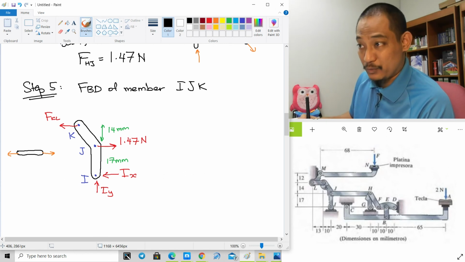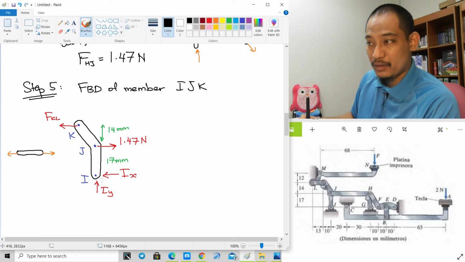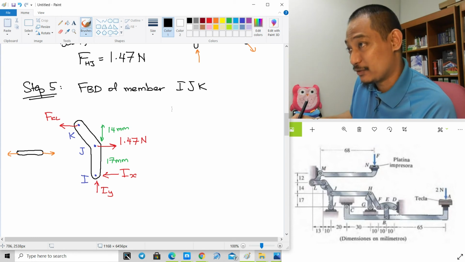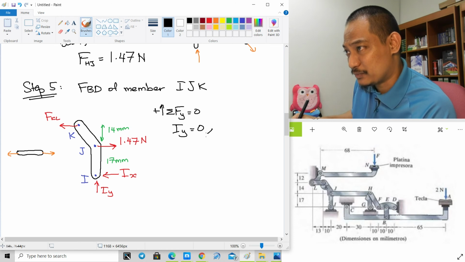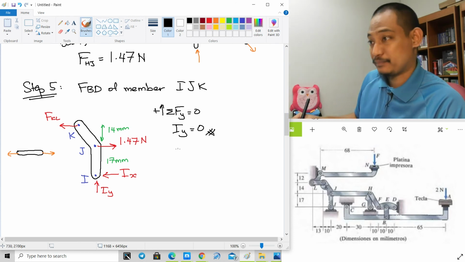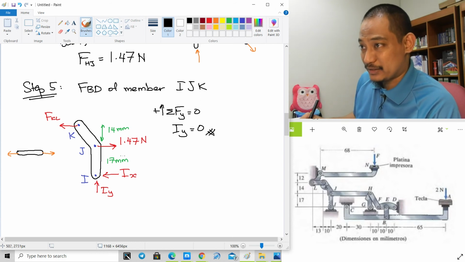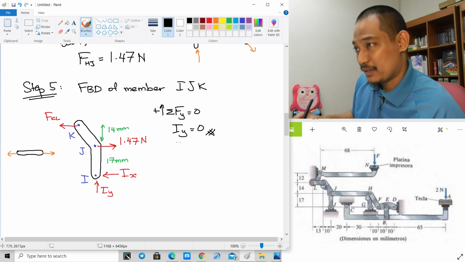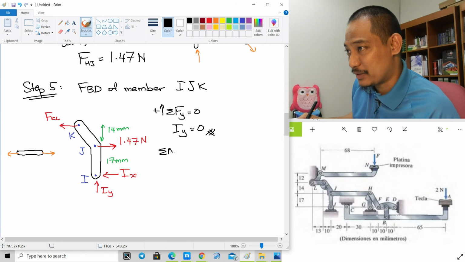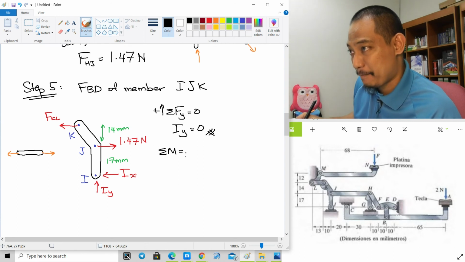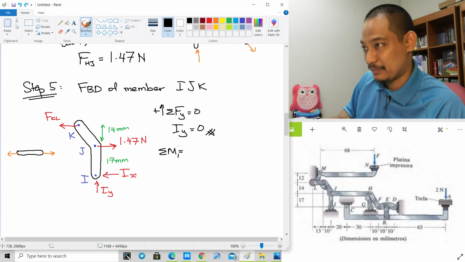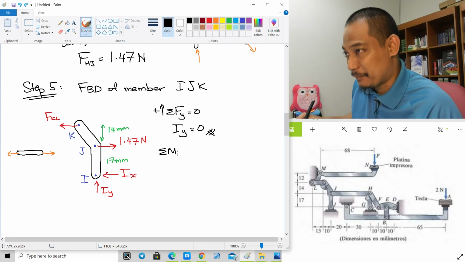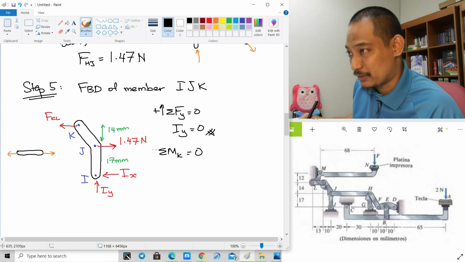For Iy you can solve straight away because there's only one vertical force. If you do summation of Fy equal to 0, taking upwards as positive, you get Iy equal to 0. This is one of the answers. Now for Ix, which is easier? Let me take summation of moment about point K equal to 0, with counterclockwise as positive.